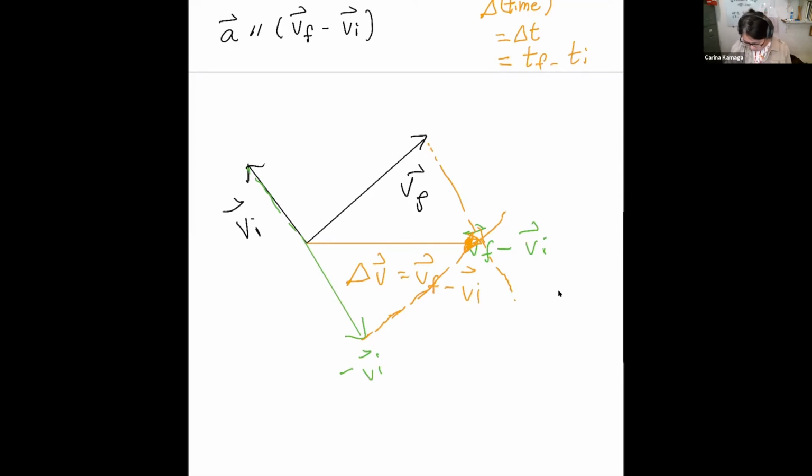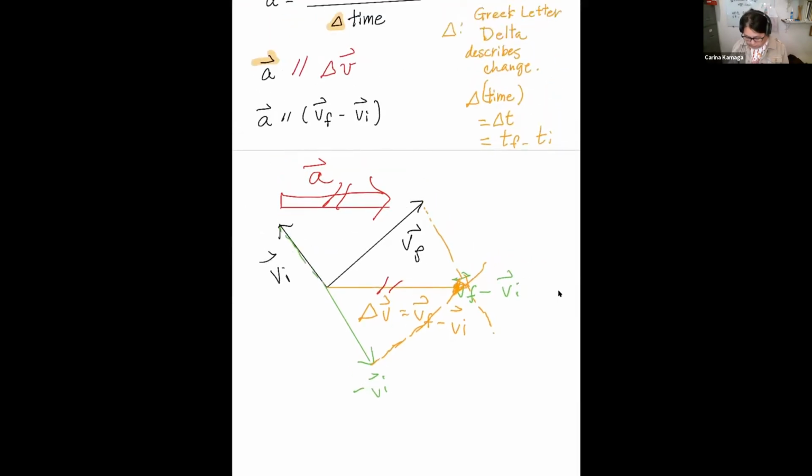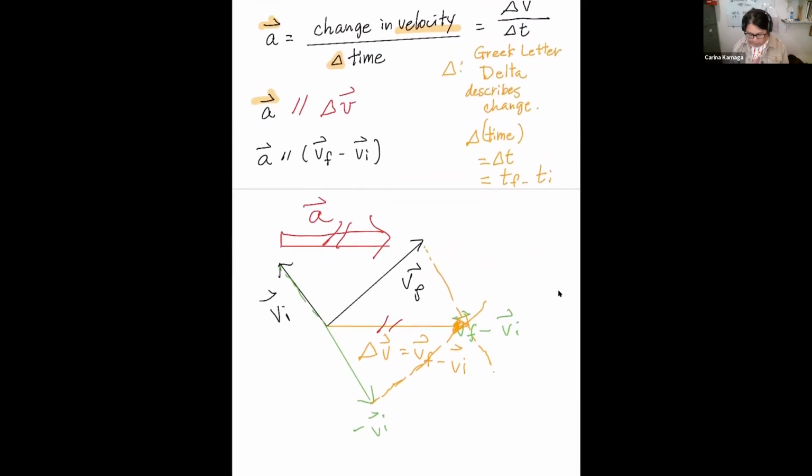So acceleration, we don't know the amount. It might not be this much, but acceleration is going to be parallel to Vf minus Vi. So it's there to change the direction. And the amount is going to depend on the time period, how quickly it changed.